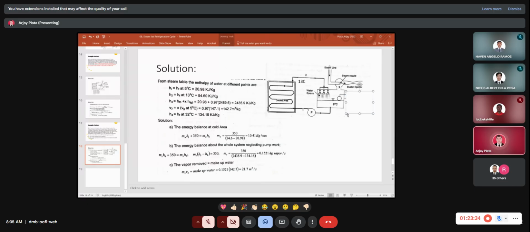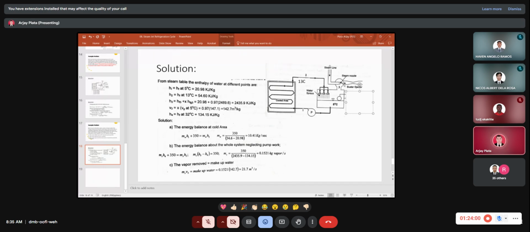So yun, sa buong system, in the whole system, we have mass flow rate of steam multiplied by H4. H4 is at the condenser plus refrigerating effect 350 kilowatt. And then mass flow rate of steam times H3.